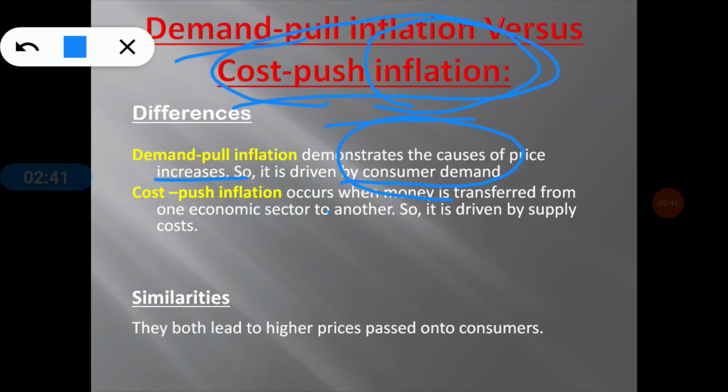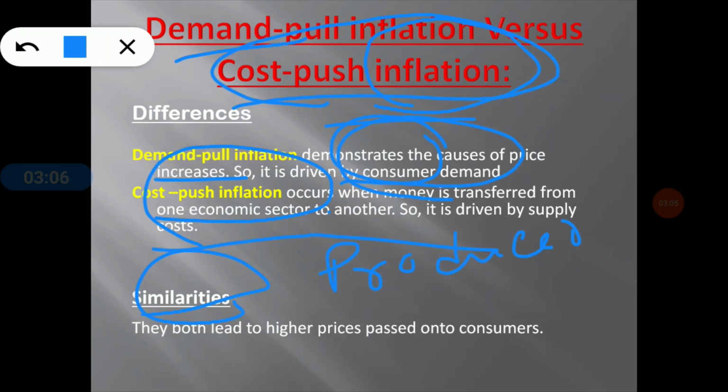So it is driven by supply cost. Supply is related to the producer. That's why demand pull inflation is related to the consumer and cost push inflation is related to the producer. That is the basic difference between these two. Now going to the similarities.